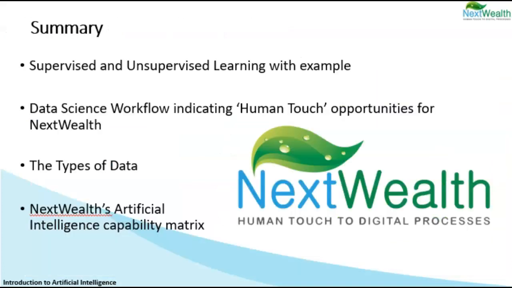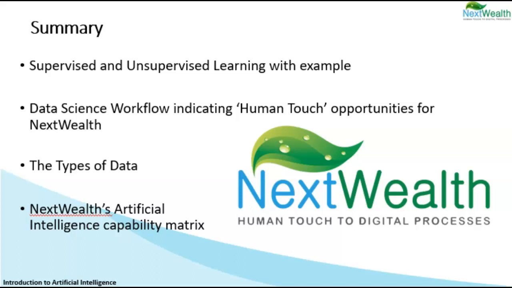A quick summary of all that we did in this session. Overall, this session talks about why we at Next12 need to know about AIML. Keeping this spirit in mind, we covered topics on supervised and unsupervised learning along with the bird, not a bird example. Now let's recall Next12's tagline: Human touch to digital processes. Human touch are the key words here.